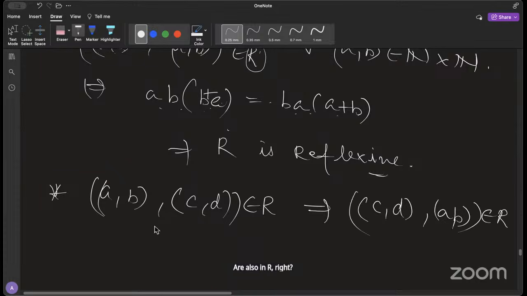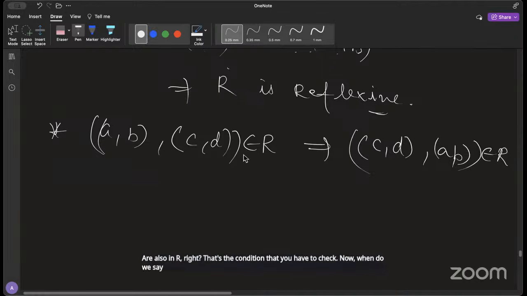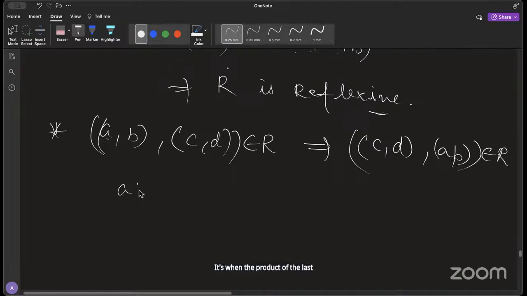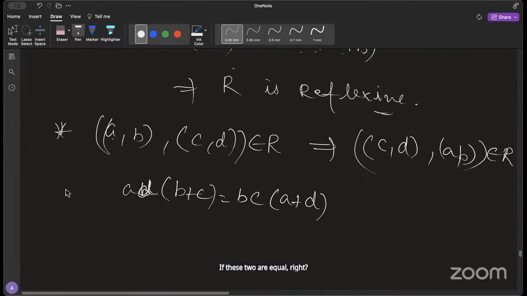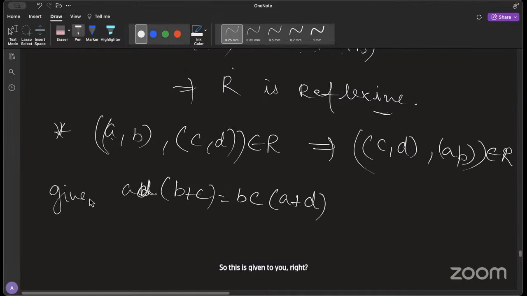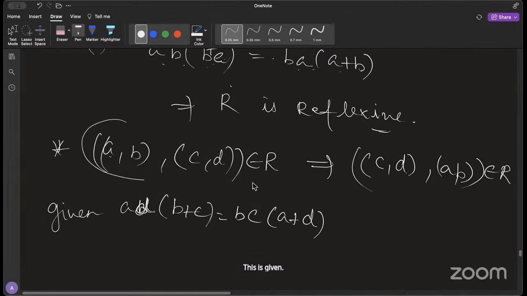That's the condition that you have to check. Now, when do we say that these two are in R? It's when the product of the last, AD, and sum of the middles, and then this BC and A plus D are equal, right? So this is given to you. This entire thing is given.